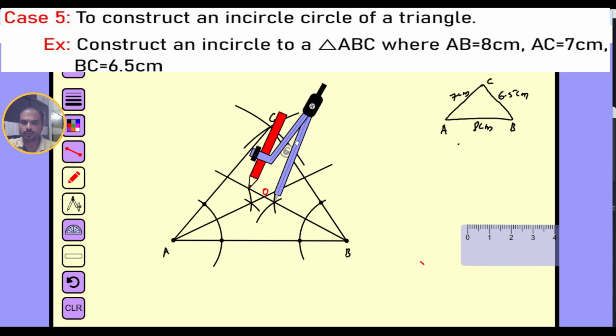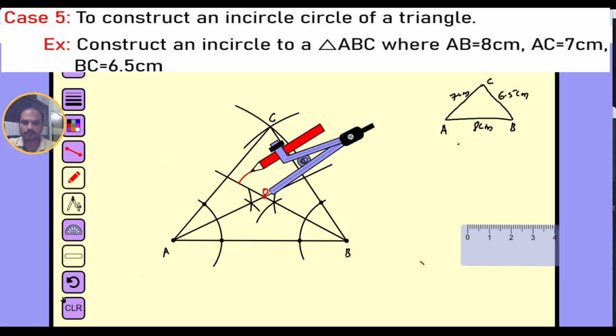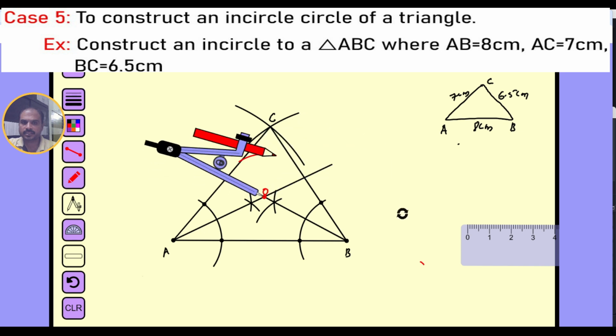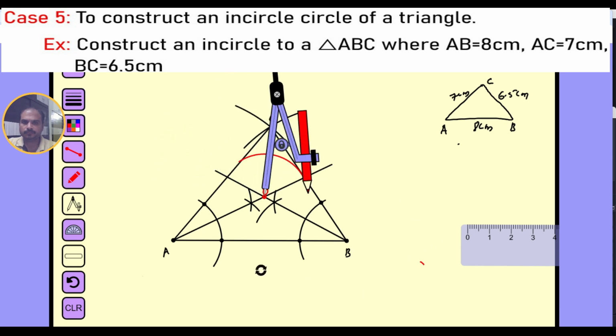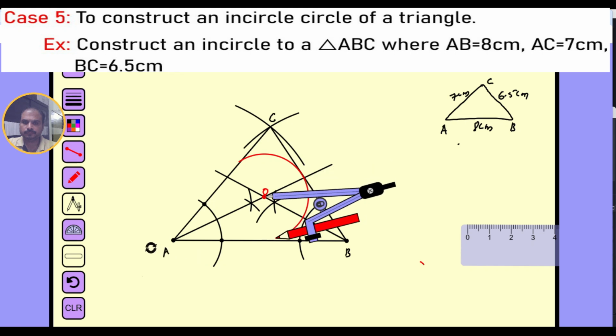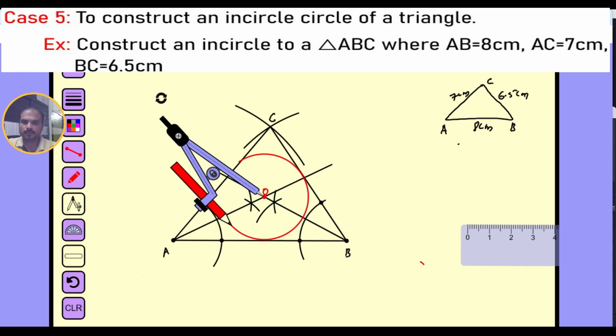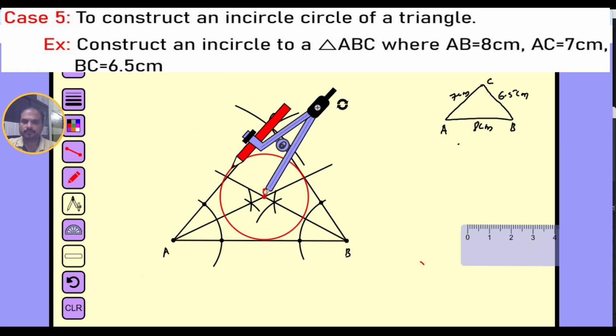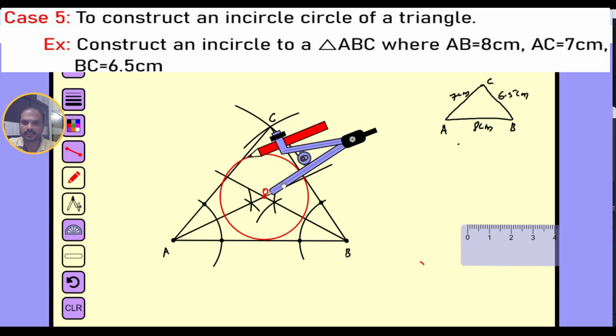Okay, adjust it so that it is touching all the sides of the triangle. If it is not touching, adjust it, children, adjust it. Okay, ensure that it is touching. Okay, it should go like this.